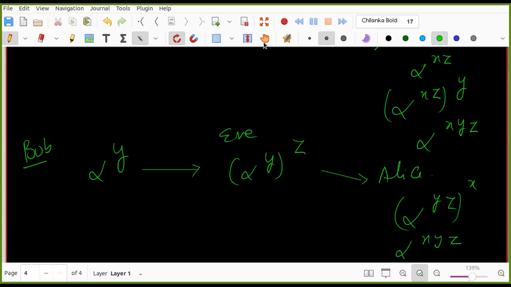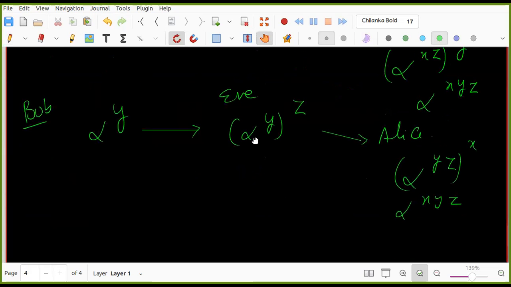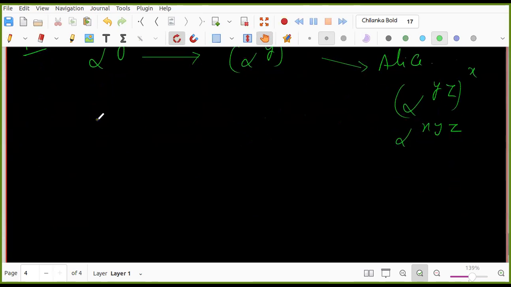Is there a way now to create this so that Eve does not know? Now another question I'm asking. Is there a chance that instead of this, what happens if you send... Here also the same problem is coming, right? We are not getting anything.